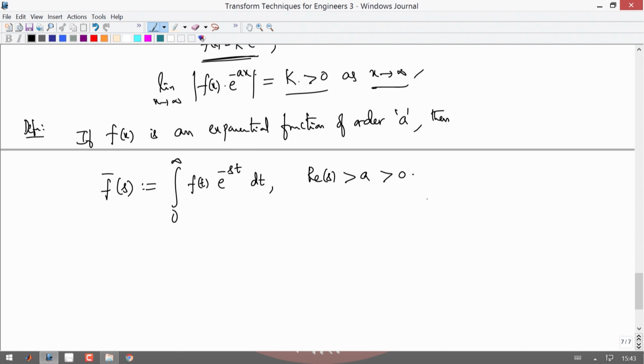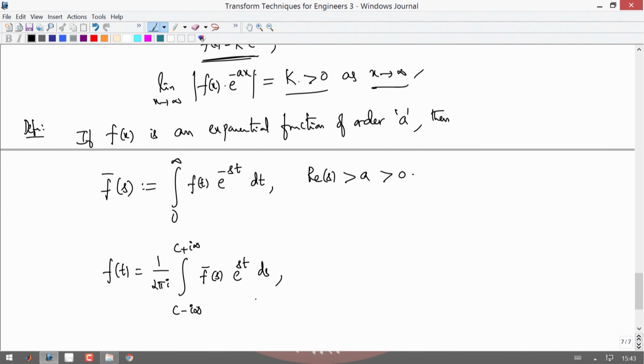So with that definition you have this for a Laplace transform, and your inverse transform is 1 by 2 pi i, integral from c minus i infinity to c plus i infinity, of f bar of s e power st ds, okay.